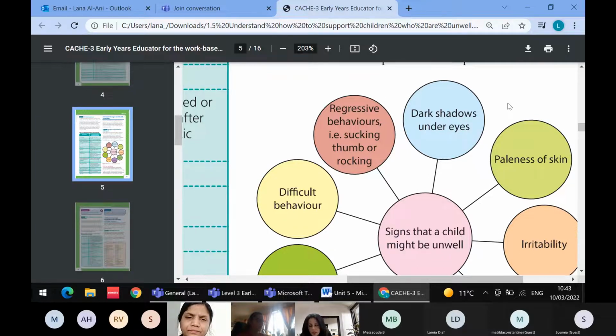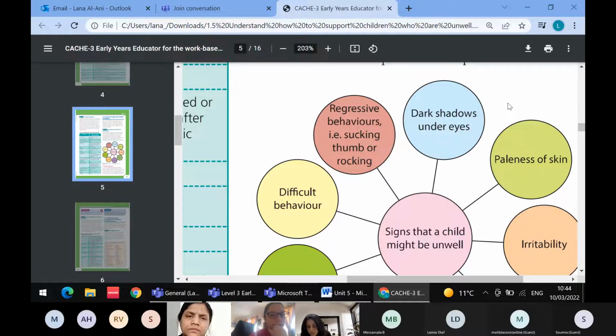Also, their behavior changes. They may start sucking their thumb for no reason. They need more attention from the parents. You see them quiet. Their color changes. All these are signs that the child is unwell.